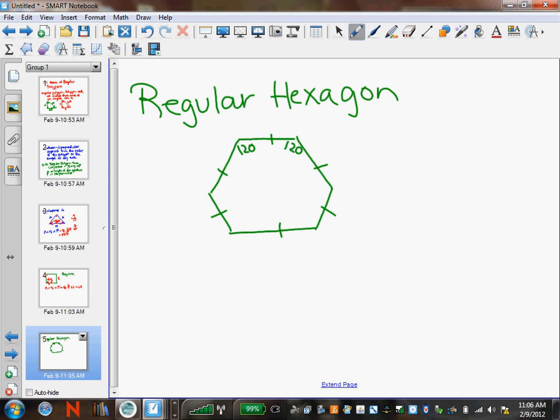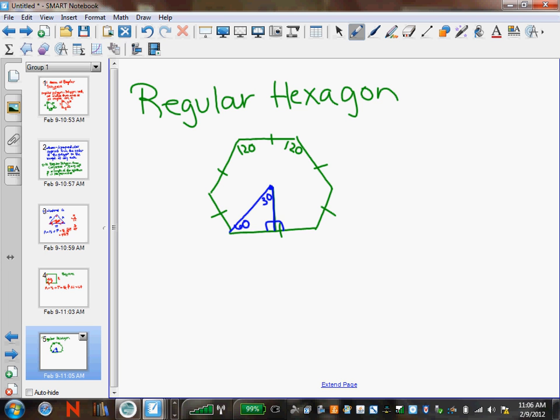So when I'm looking at the apothem, let's do a different color here. The right triangle that I will make will be a 30, 60, 90 right triangle.